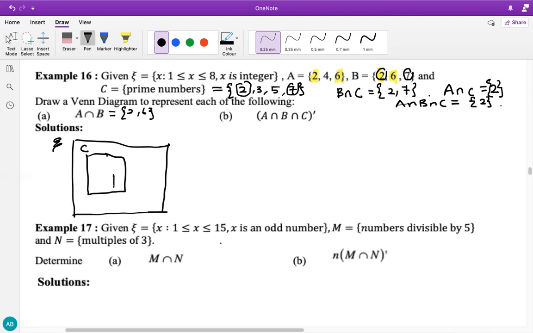Okay, 2 and 7. And then A and C is only 2, right?